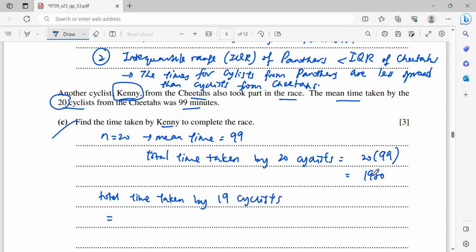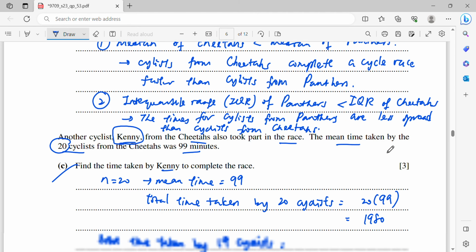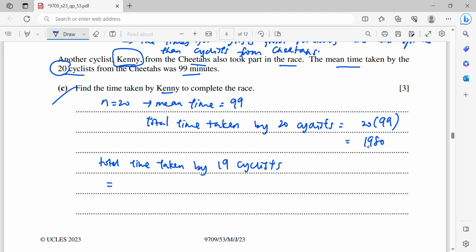So I will just list out some: 78 plus 79 plus until 124.